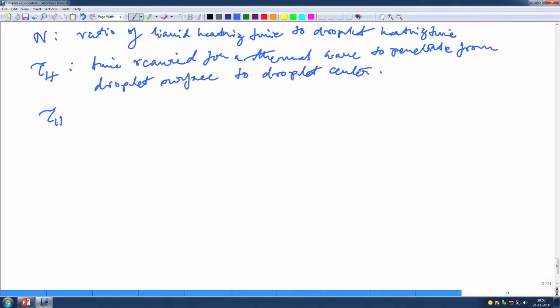So, tau h is therefore given as R naught square by alpha. That is basically the diffusion scale, right. The time that it needs if it proceeds by diffusion, that is the time scale. You already know about all these things, right. So, the time that is required for the thermal wave basically to come from the surface all the way up to the center. So, that is some kind of a liquid heat up time, so to say.